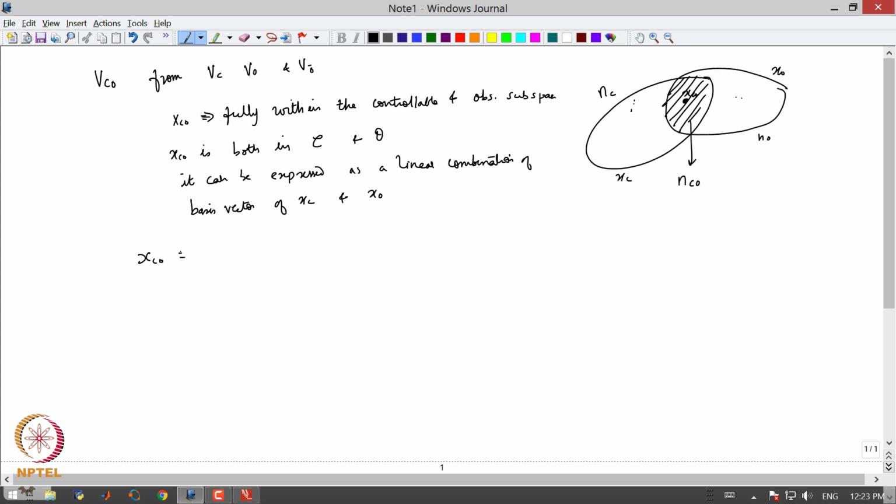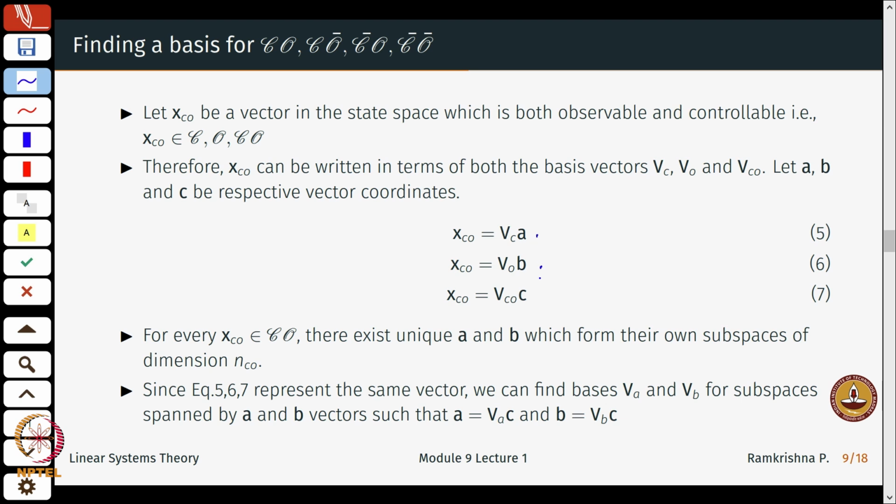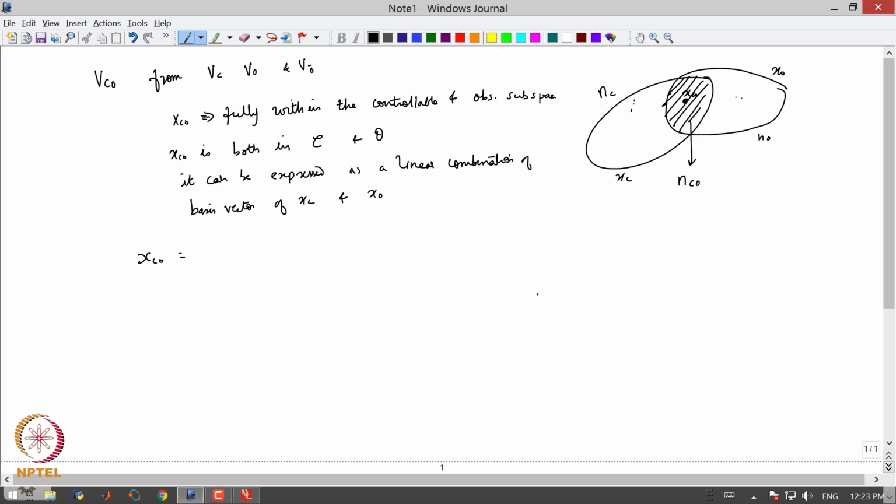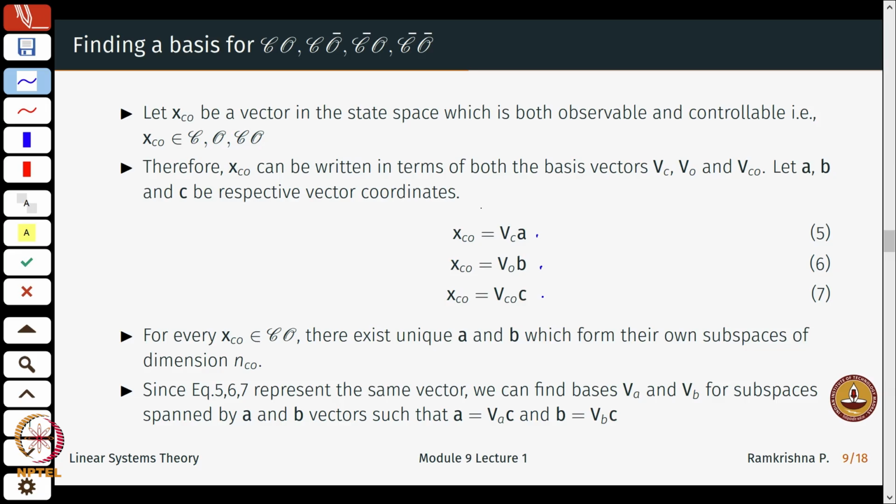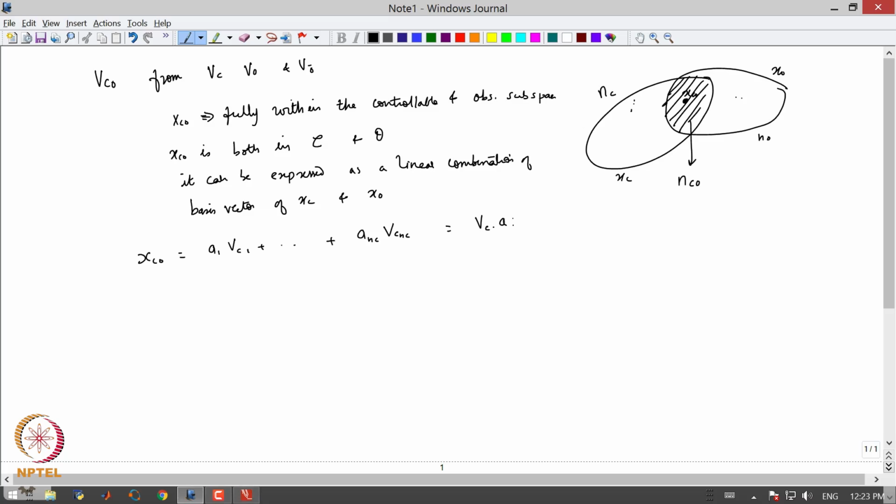written as, so we will just try to derive these three expressions. So, this xc naught is say some a1 vc1 till a nc vc nc. This can be written as Vc times a. Here xc is of dimension nc, and therefore, I will have nc basis vectors.